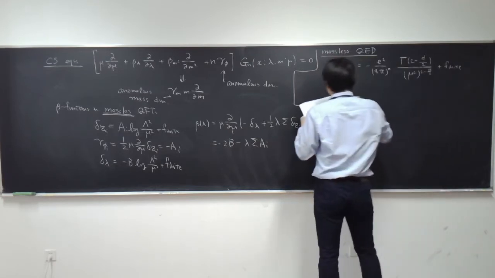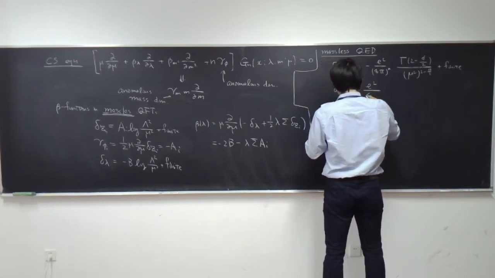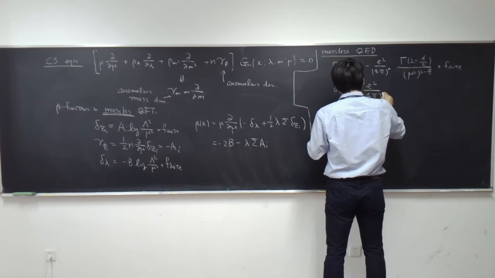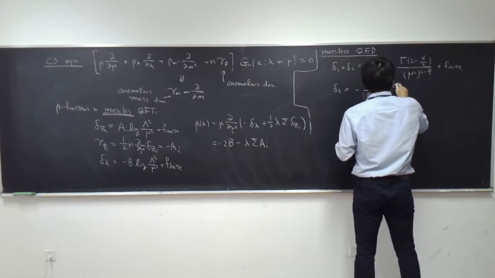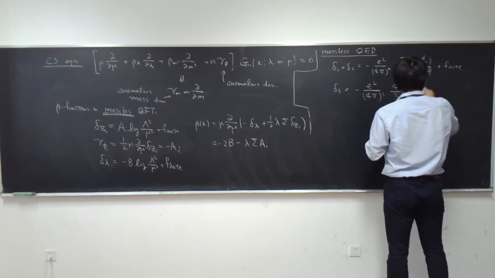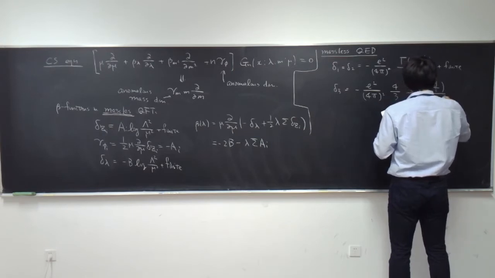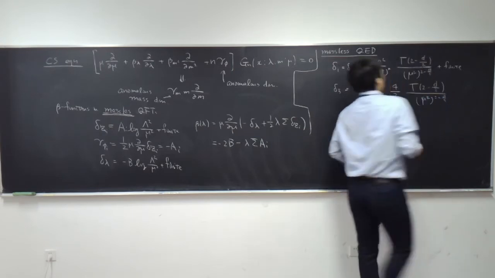And also delta 3 is given by minus e squared over 4 pi squared, 4 over 3, gamma of 2 minus d over 2, mu squared to the 2 minus d over 2, plus finite.